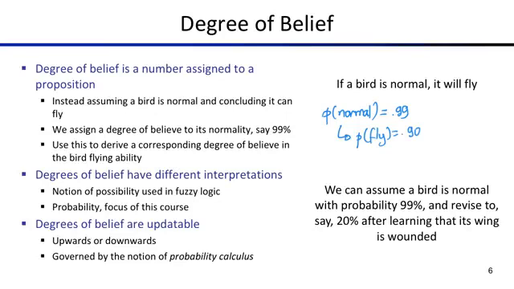Something that is always important that I mentioned before is that we can update those probabilities upwards or downwards as we learn about the problem. So we can start with 99% probability and lower down to 20% probability as we learn something about the world. So a final word about this is that those probabilities are numbers, and they are numbers in a certain range, like between 0 and 1, or in a different interpretation between 0 and 100.